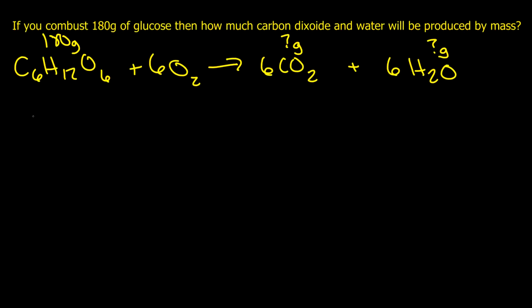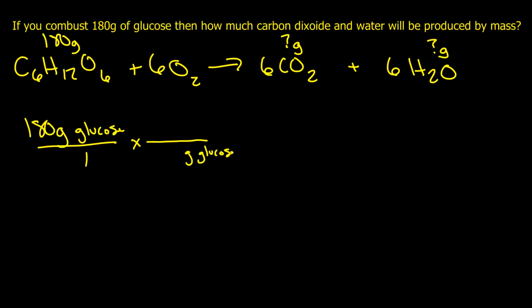Alright, so I got 180 grams. Just going to put glucose over 1. And I'm trying to change grams of glucose to moles of glucose. So grams of glucose go on bottom. Moles of glucose go on top.